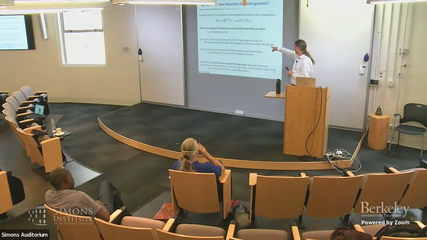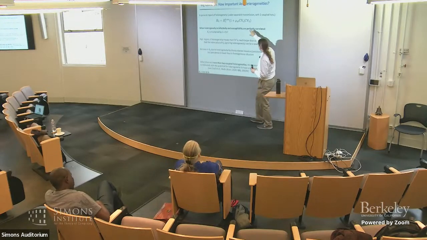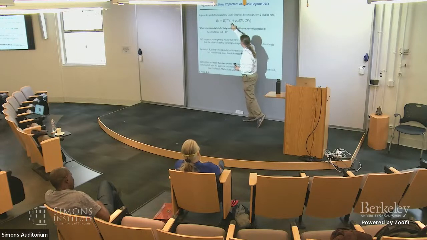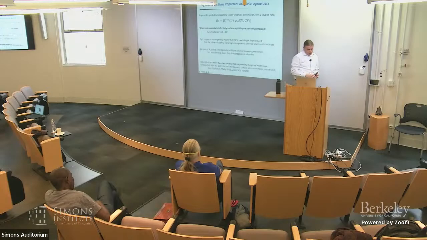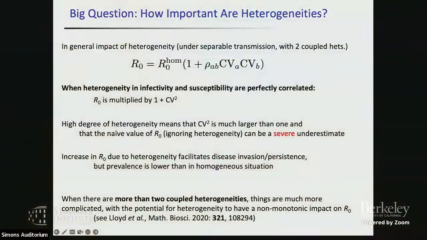But in our case, at least, the high degree of heterogeneity in biting preference means this coefficient of variation squared is much larger than 1. And so this term often dominates this term, and the R0 expression you get if you ignored the heterogeneity can be a severe underestimate. This is exactly the same as in sexually transmitted infections.